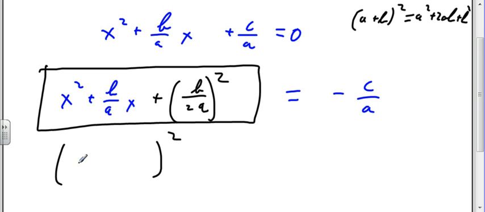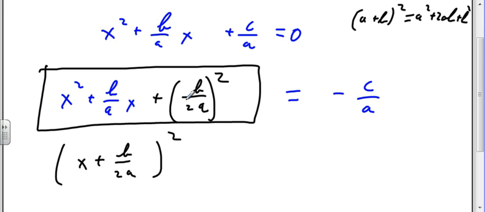So now I'm going to have x plus b over 2a is what that's going to turn into, because now I got my x squared term. There's my x squared term. Here's my b over 2a squared term sitting there. And then I've got two of these guys. I got b over 2ax plus another b over 2ax, which gives me just b over ax.